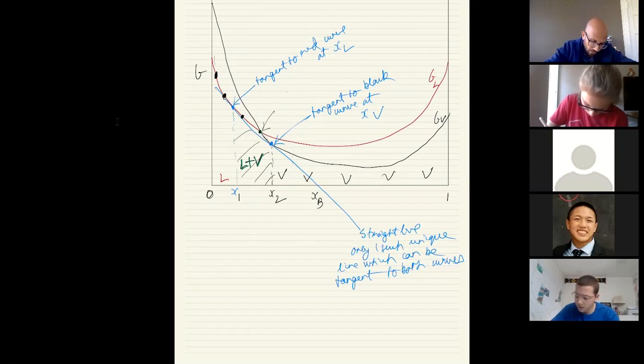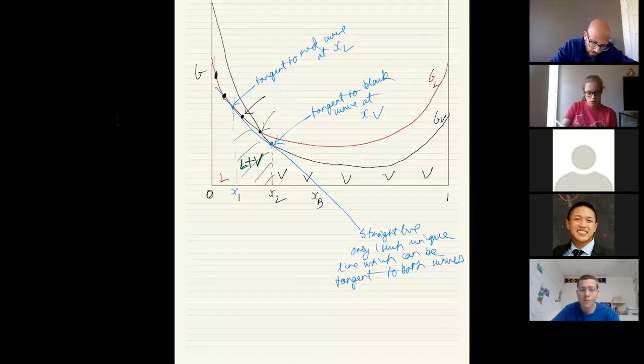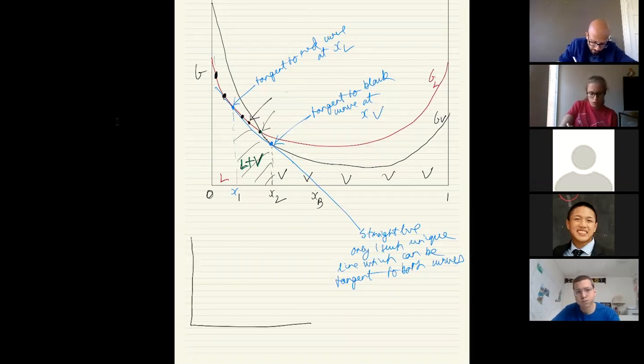However, what happens is that if you consider this point, or let's look at this one over here, I will have to zoom in. This is why it's a tricky construction to draw.